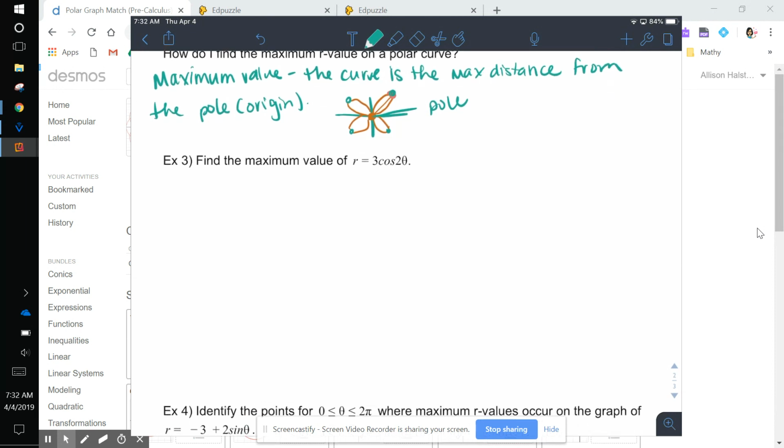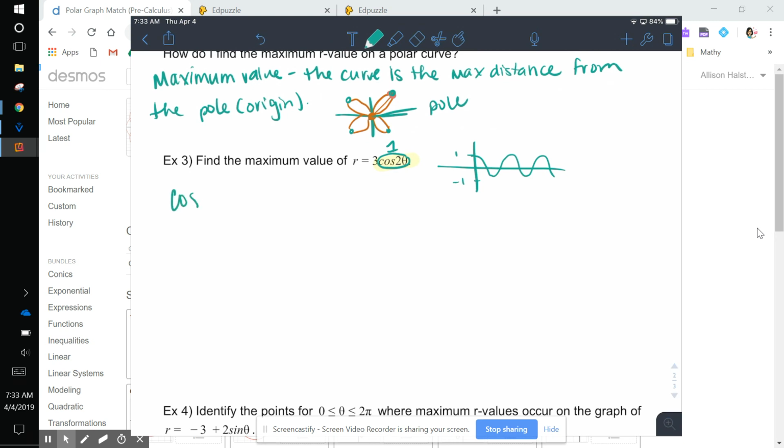So if I look at this, r is equal to 2 cosine 2 theta, I want to think about cosine 2 theta. Cosine's outputs oscillate between -1 and 1. So I want to figure out when cosine is equal to 1, and that will give me my maximum value.